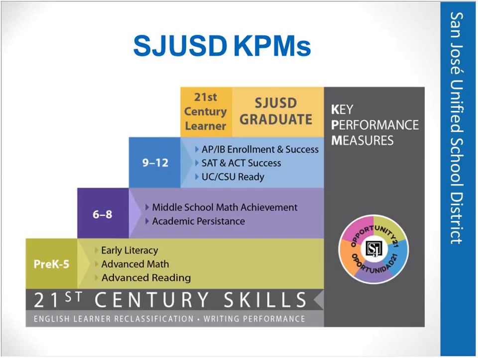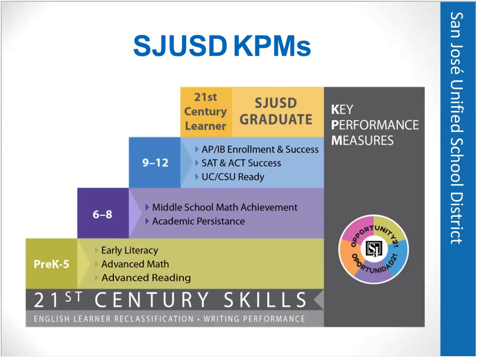So, for us, we think about it as key performance measures. So every one of these measures articulate towards a high school graduate that leaves us with a set of 21st century skills. And we articulate them by level. Some of them are at elementary, middle, and high.